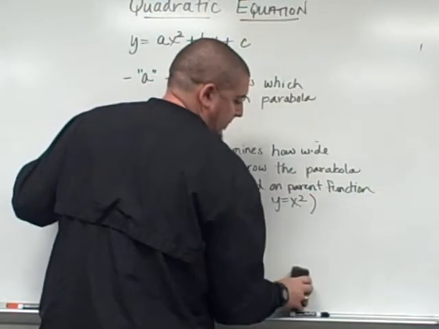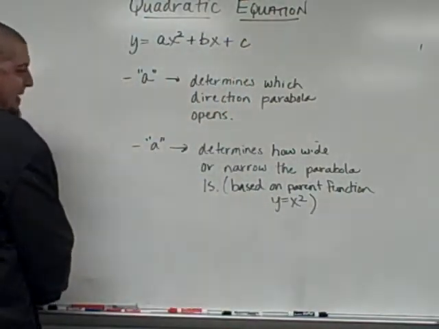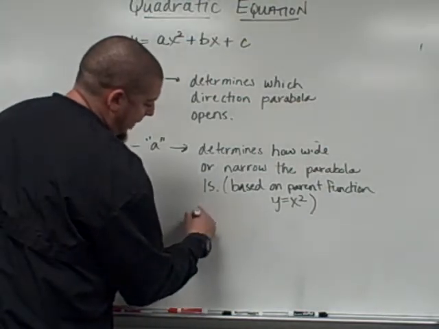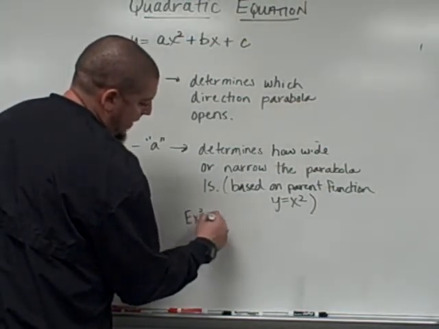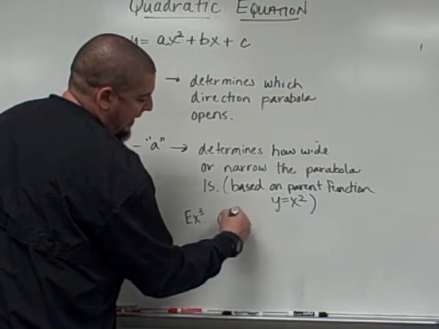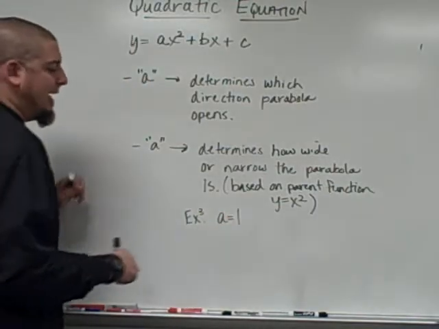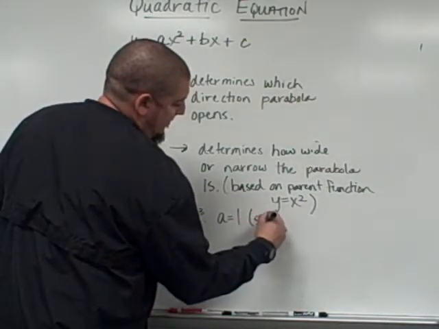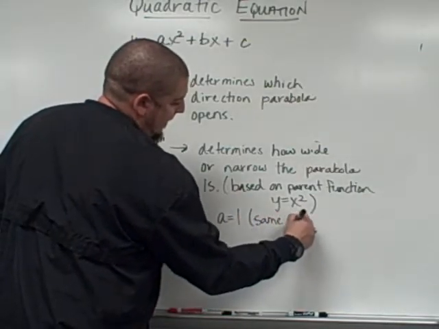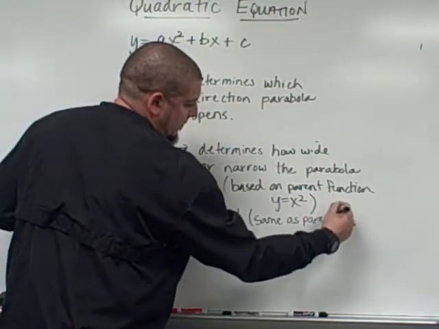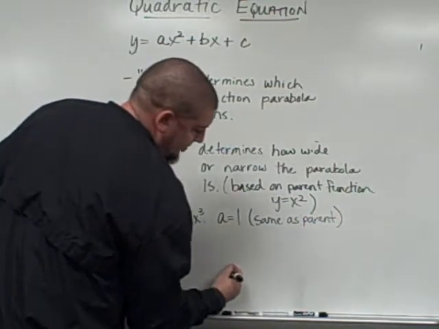All right. The last example when we're talking about wide or narrow is, what if, this is example 3, what if A is equal to 1? If A is equal to 1, it is the same as the parent function. Okay?